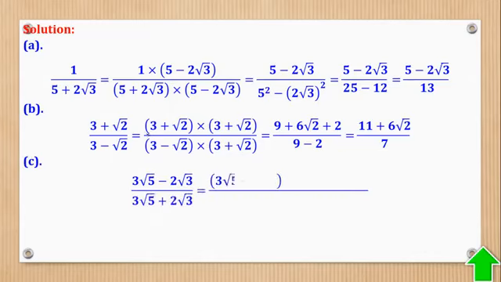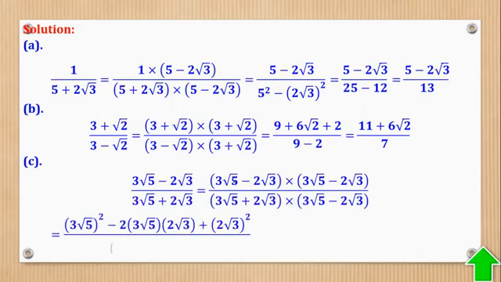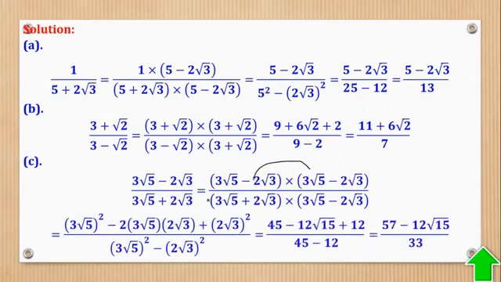Then part C, still do the same, apply up and down by the radical conjugate. Then you expand. Here, still the same thing, because this and this, it is a perfect square. So this squared is this minus twice the product of these entries, which is here, then plus the square of this, which is here.